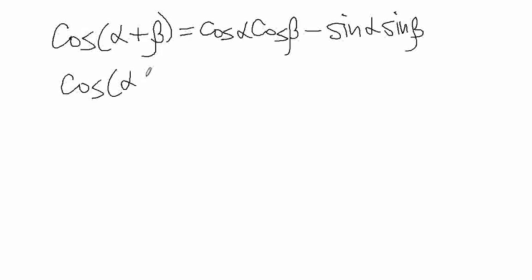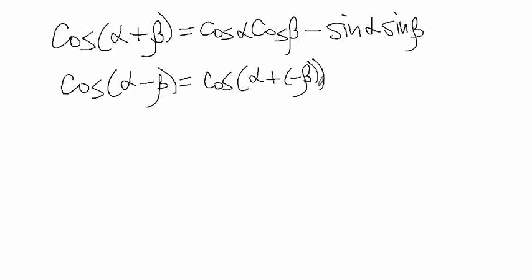So for the difference, I need to realize that I can write the difference in terms of a sum, right? Alpha plus the negation of beta, okay? And so that's equal to the cosine of alpha, and then if I take the cosine of negative beta, that's equivalent to the cosine of beta.